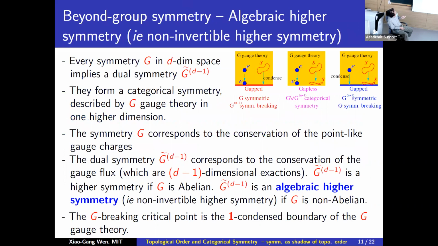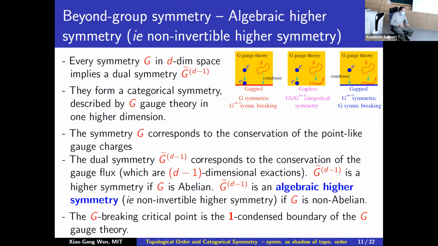But for finite symmetry, this holographic picture immediately implies so-called beyond group symmetry, some symmetry which is not described by a group. It's very simple. When you have a non-abelian symmetry, for the dual symmetry we have a point charge, but the flux in higher dimension can be a string or membrane. So in 3 dimensions, the gauge flux is a string.